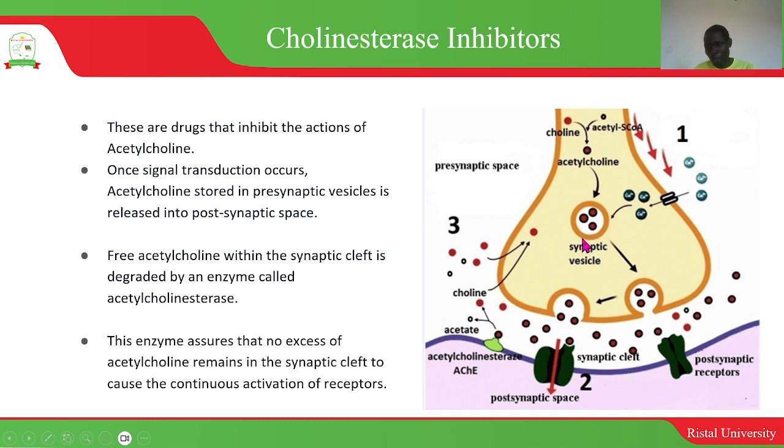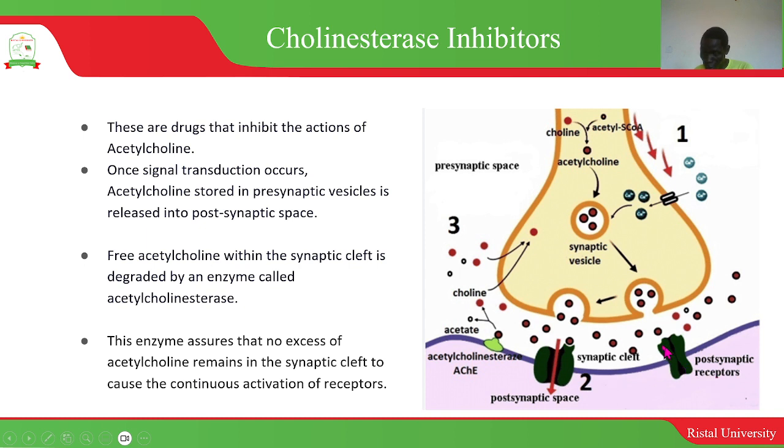When a signal transduction occurs, which normally occurs together with the influx of calcium ions, the vesicles will move and rupture, releasing acetylcholine into the synaptic cleft, and then this acetylcholine will be received by the receptors in the postsynaptic space.